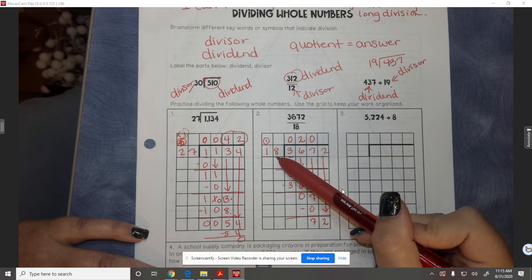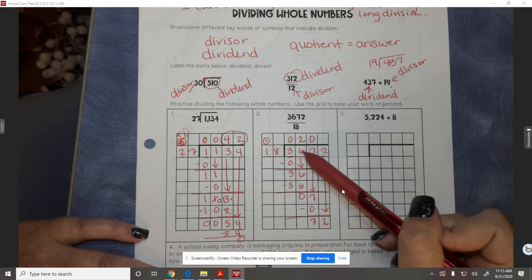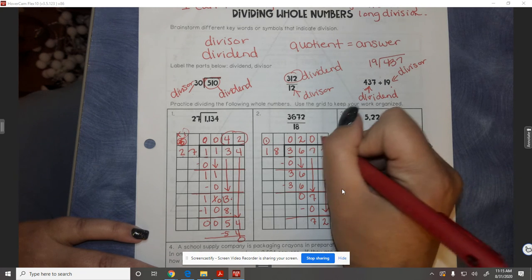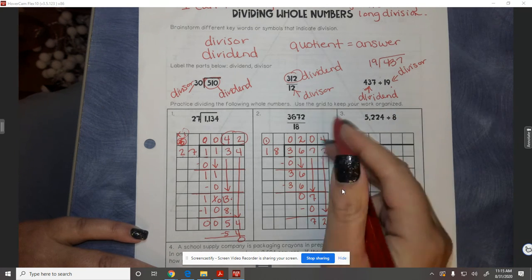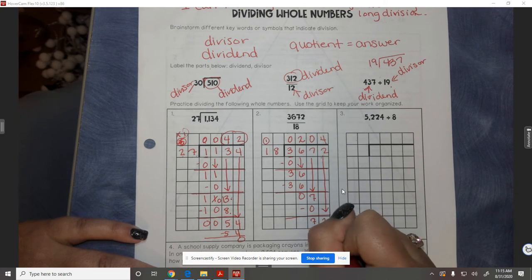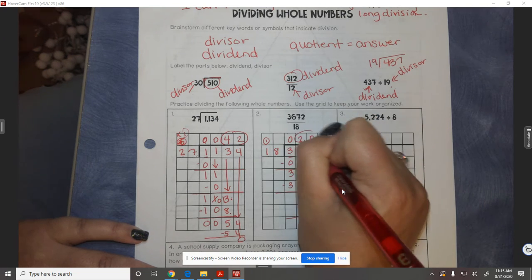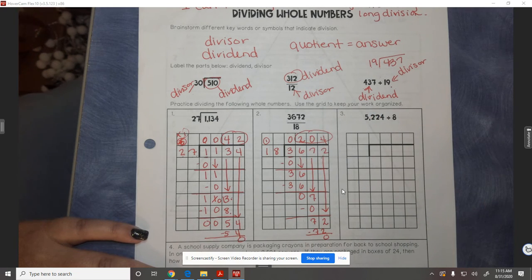So we know that if we double 18, we get 36. If you double 36, you get 72. So then we know we can use 4. 4 times 18 ends up being 72. So we have no remainder. We have nothing else to bring down. So our final answer is 204.